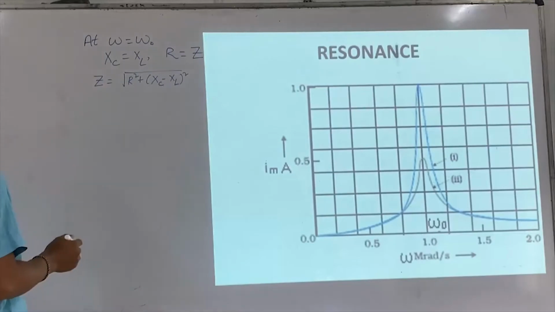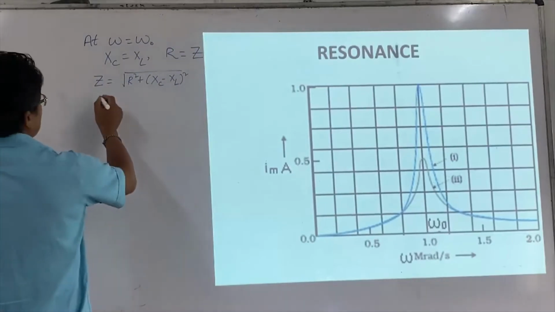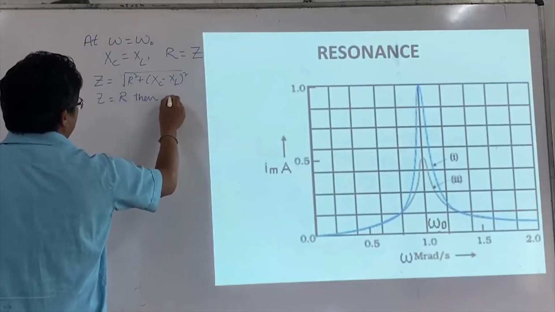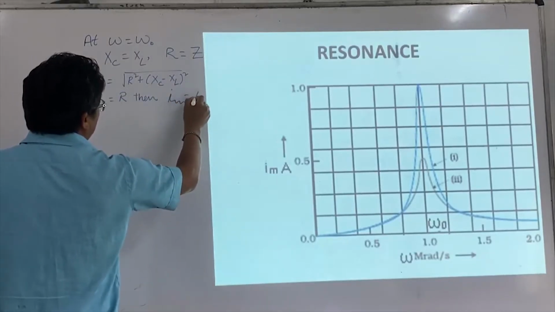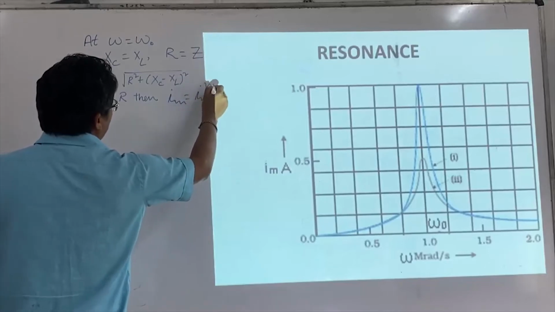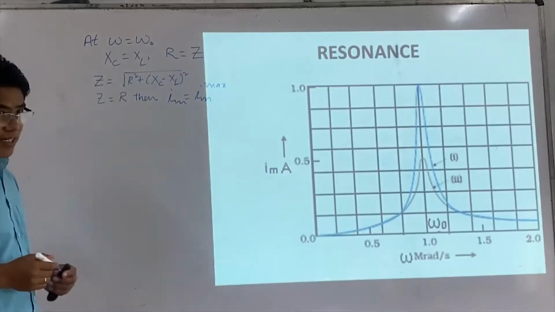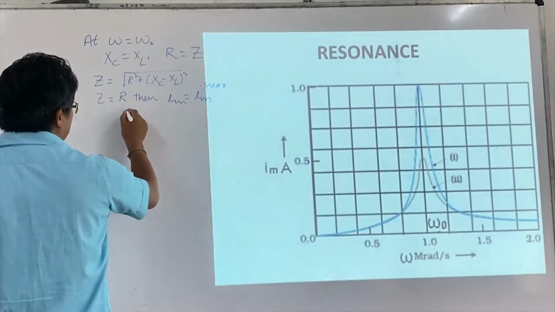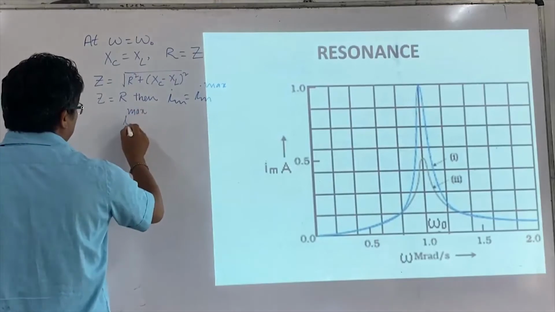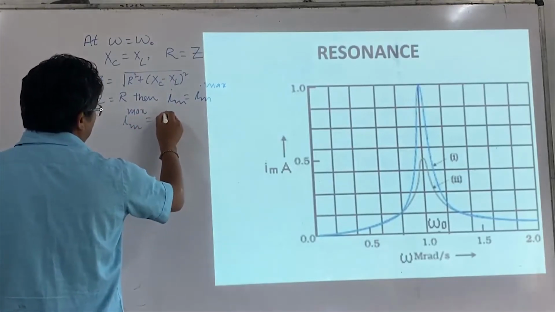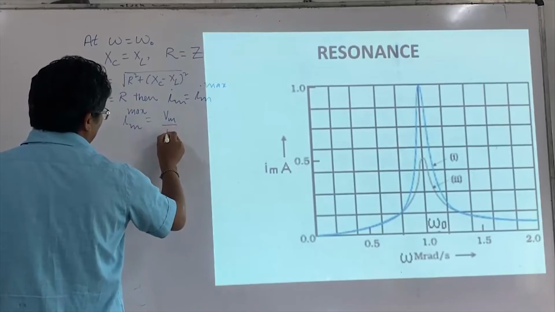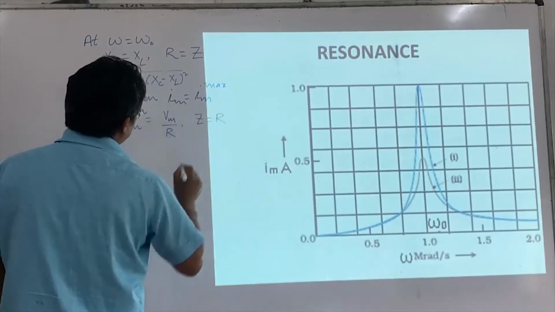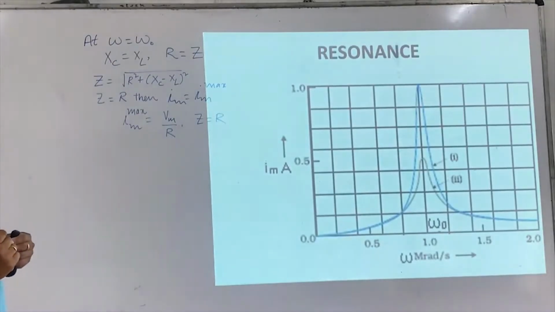So if Xc is equal to XL, then Z is equal to R, and the amplitude of current would be maximum. This maximum amplitude of current would be Vm divided by R. Why? Because in this case Z is equal to R. So this is what we call resonance.